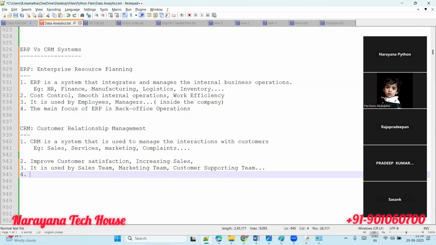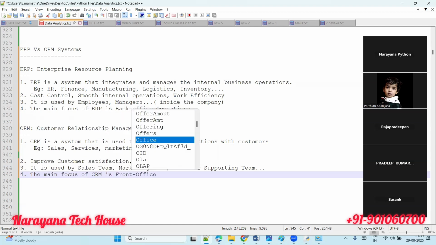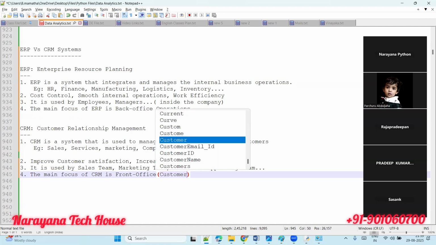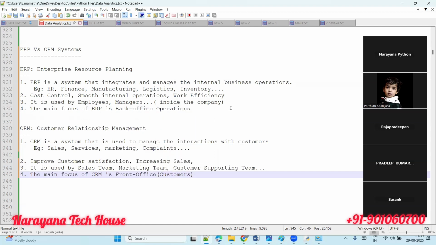So the main focus of CRM is what here? Front office, right? Front office means what, guys? Who comes to the front office? Customers. Customers come to the front office, guys.